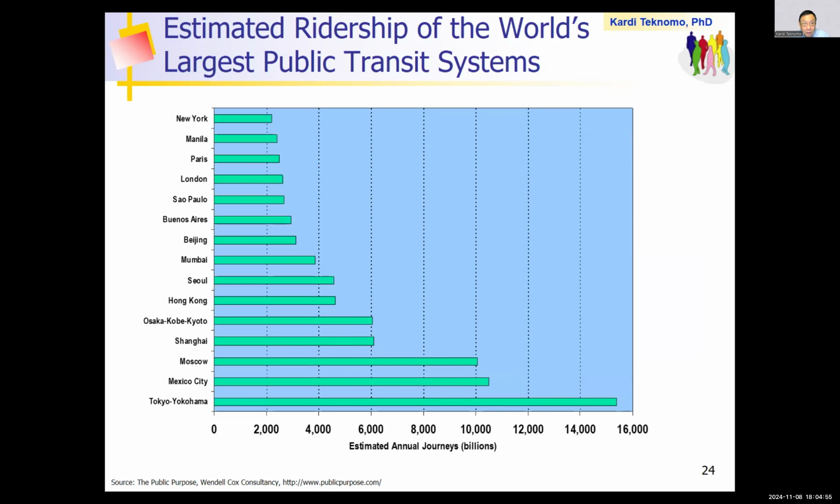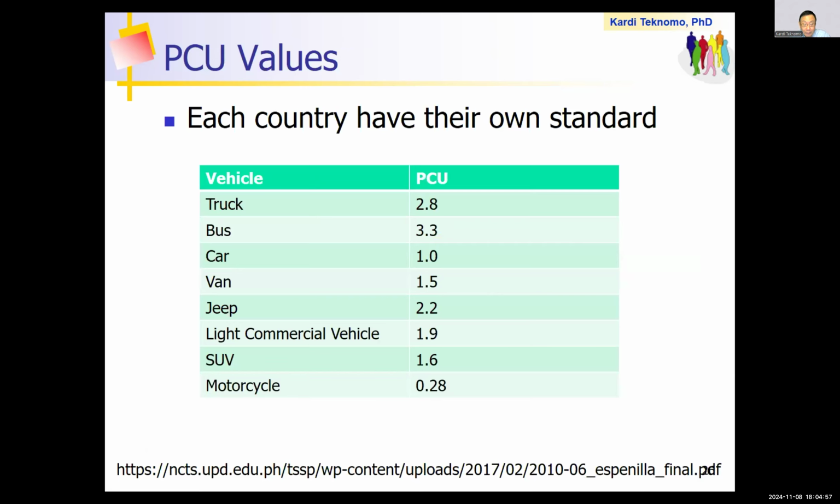Now let's say you know the PCU value, the passenger car unit value. Each country has its own standard. This one I got from a paper in 2017, a study of PCU values in the Philippines. So these are the results.